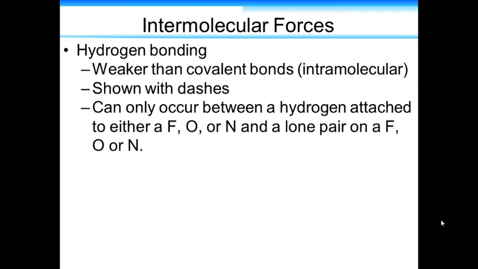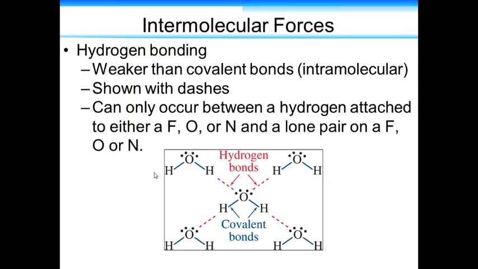That fluorine, oxygen, or nitrogen has to have a hydrogen attached to it. You would then draw a dashed line from that hydrogen to a lone pair of electrons on another fluorine, oxygen, or nitrogen. Let's take a look at how we would draw the hydrogen bonding between molecules of water.